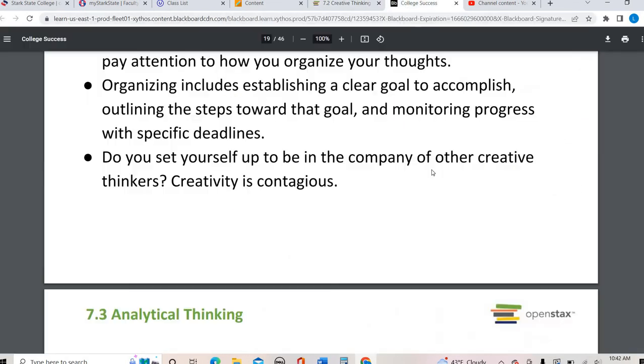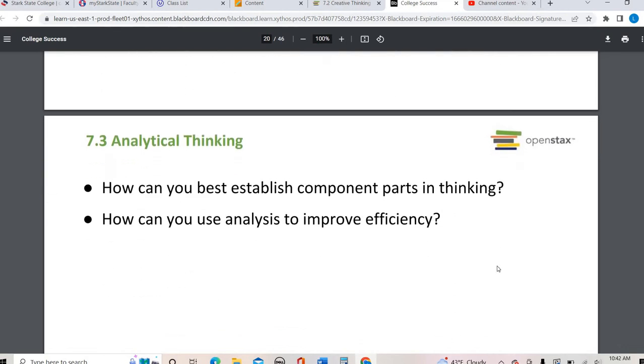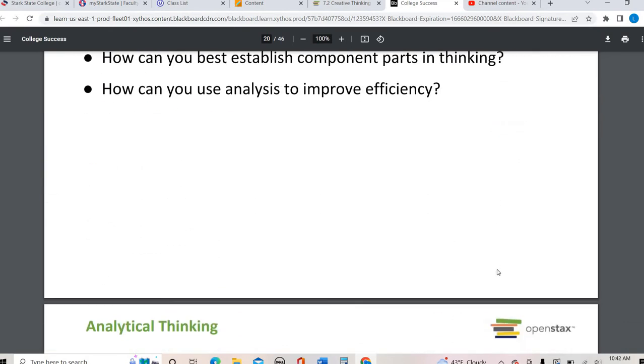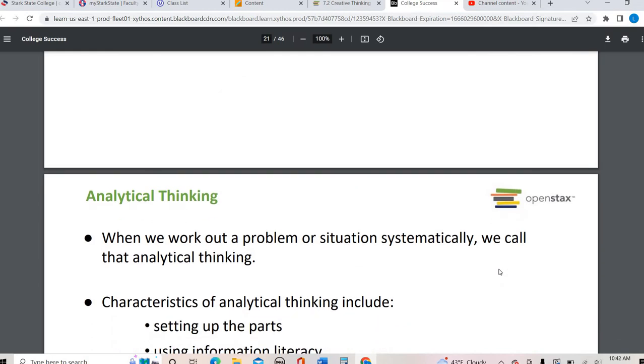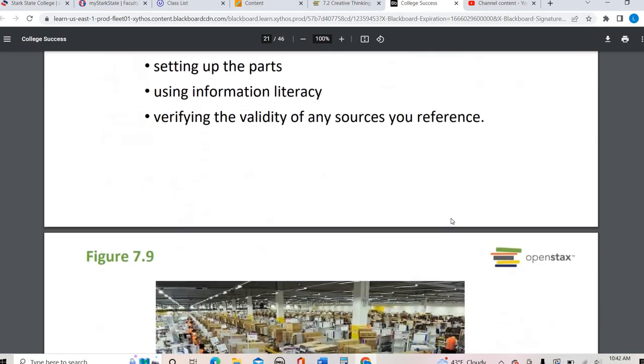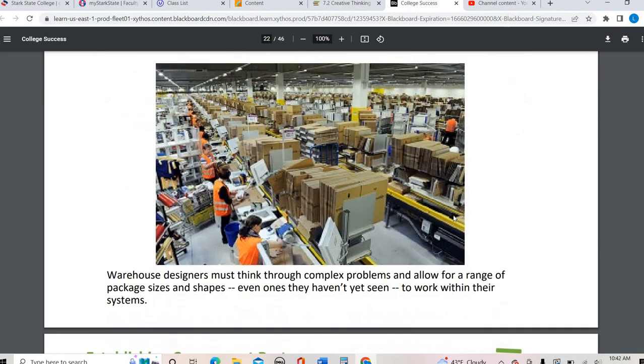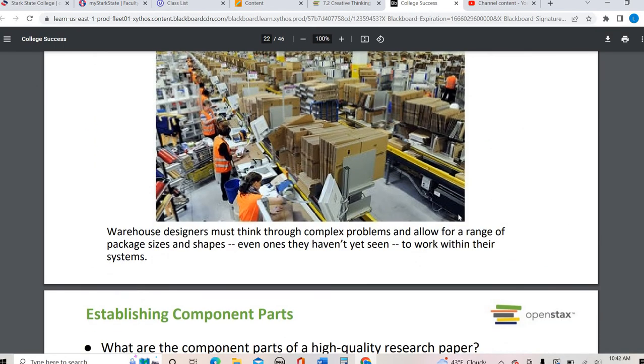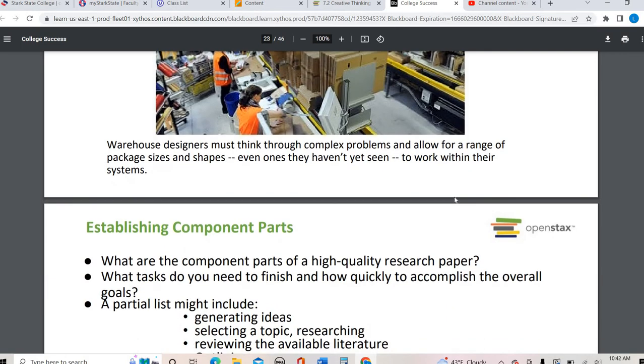All right, the next section talks about analytical thinking, looking at the pieces and parts, really analyzing how something works, how the parts fit together with the whole. It says when we work out a problem systematically, it's called analytical thinking. We're looking at information literacy, different sources, and they use a package analogy here to visualize this.